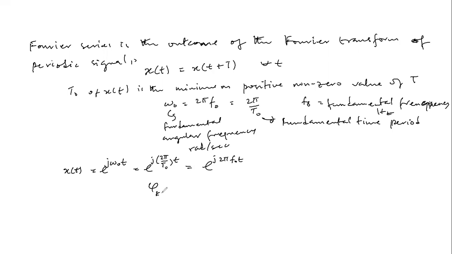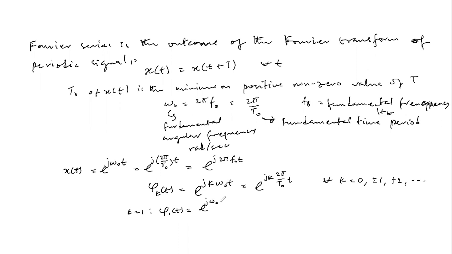Say phi k of t is the same as e^j k omega naught t, which is the same as e^j k 2 pi over T naught t, for values taken from k, ranging from 0, positive 1, positive 2, all the way.